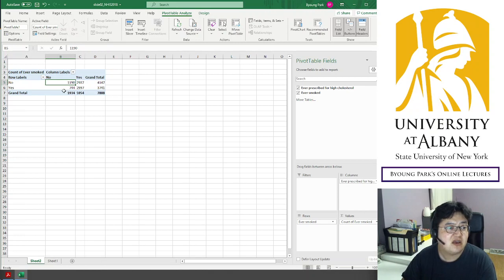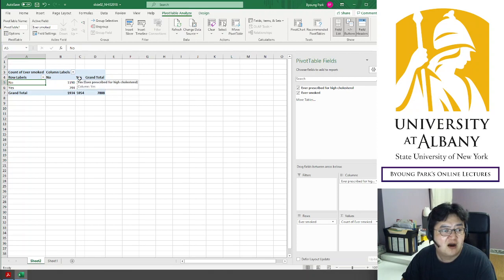Say, 1,190 individuals have not smoked at all and have not been prescribed for high cholesterol. This is smoking and cholesterol: no cholesterol and no smoking, no smoking but cholesterol, and smoking and high cholesterol.